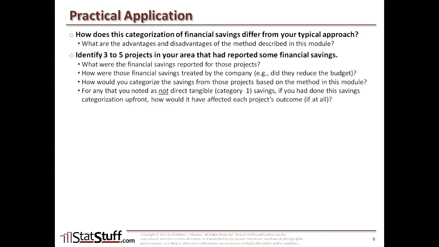In other words, if there's a project where you claimed X millions of dollars in savings, but you found through learning these categories that you would only call it a category 3 type of savings, and you had known that up front before the project began, would that have changed whether you did the project or not, now that you know it wasn't necessarily affecting the bottom line for the organization? Well, that wraps up this lesson.